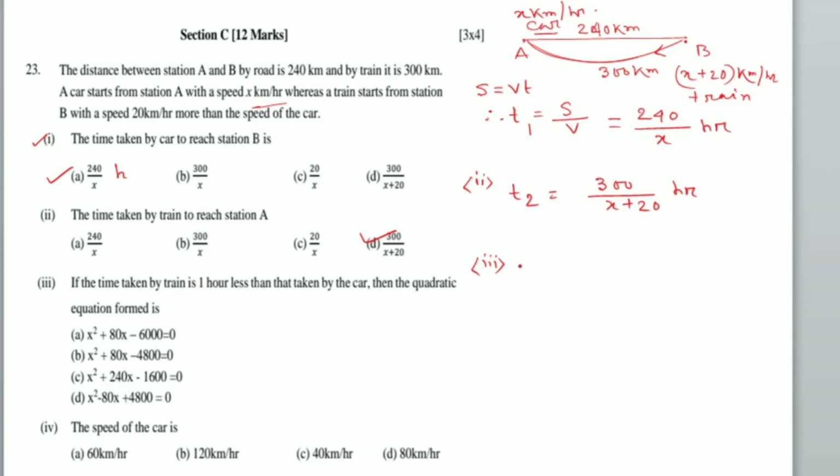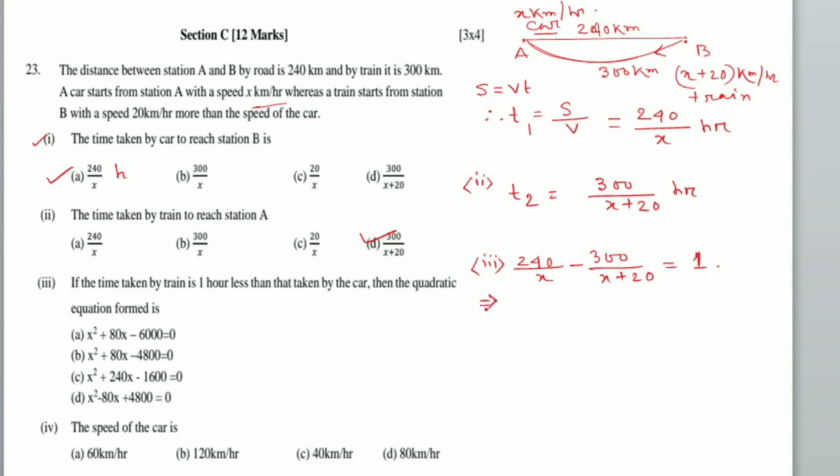So we can write it as 240 by x minus 300 divided by x plus 20 is equal to 1 hour, and this is the equation.